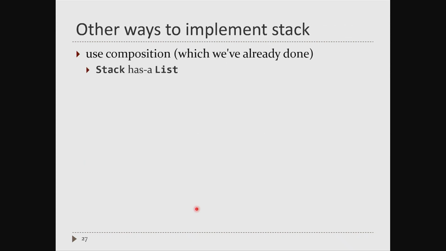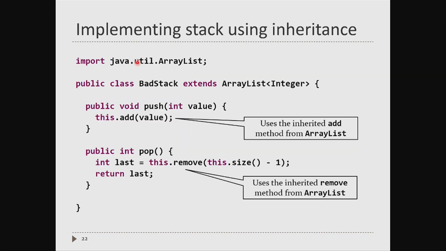Okay, so how should you implement the stack? Well, you've seen 3 other ways to implement the stack. The easiest way is to use composition, so your stack class has a list inside of it. Now it's almost as easy as the implementation back here. The other thing to know about this implementation is that there's not even a constructor.